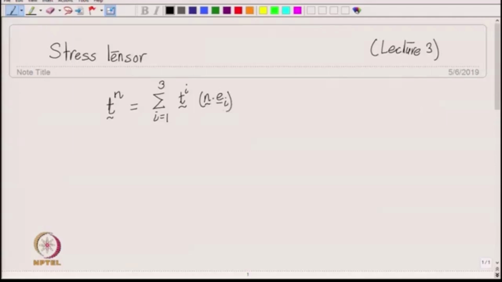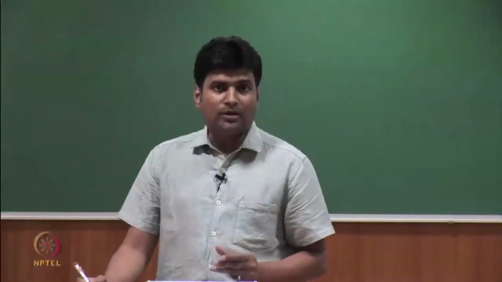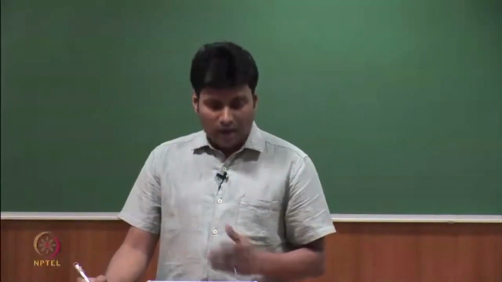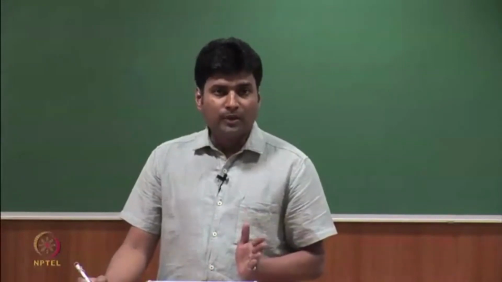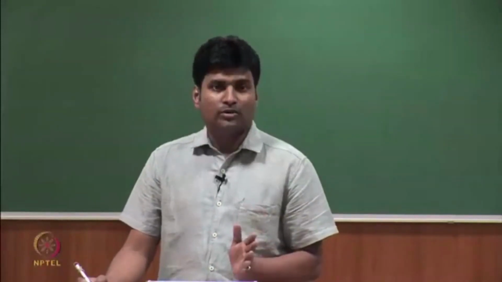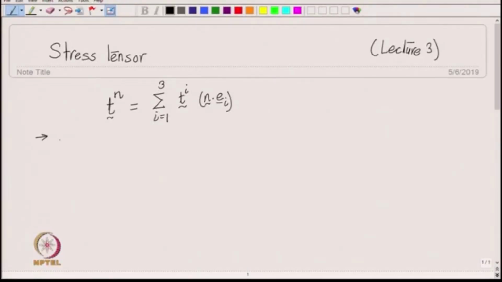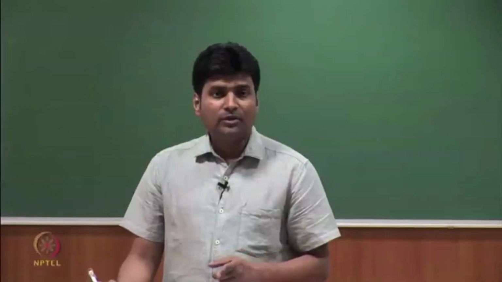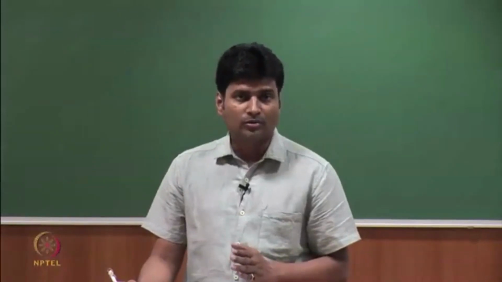So, basically this formula tells us that if we know traction on any three planes at a point, T1, T2, T3, then we can find the traction on any arbitrary plane at the same point, which is Tn in this case. All right. What we should note here is that while deriving this, the body force term and acceleration terms dropped out.